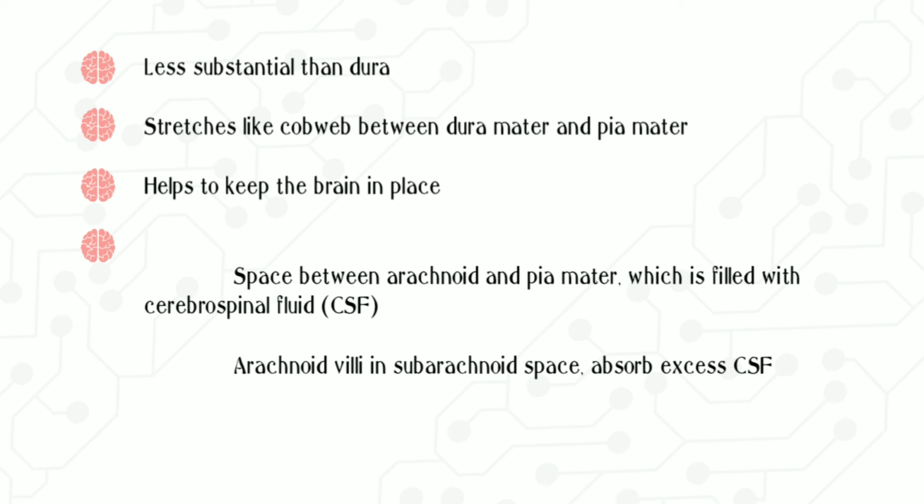As we have seen earlier, the space between the arachnoid and the pia mater, which is filled with cerebrospinal fluid, is known as the subarachnoid space. The arachnoid villi in the subarachnoid space help to absorb the excess cerebrospinal fluid.